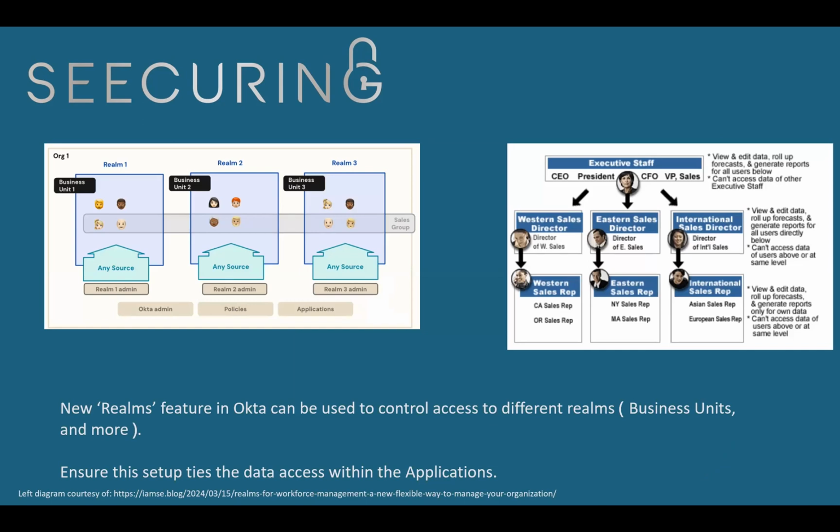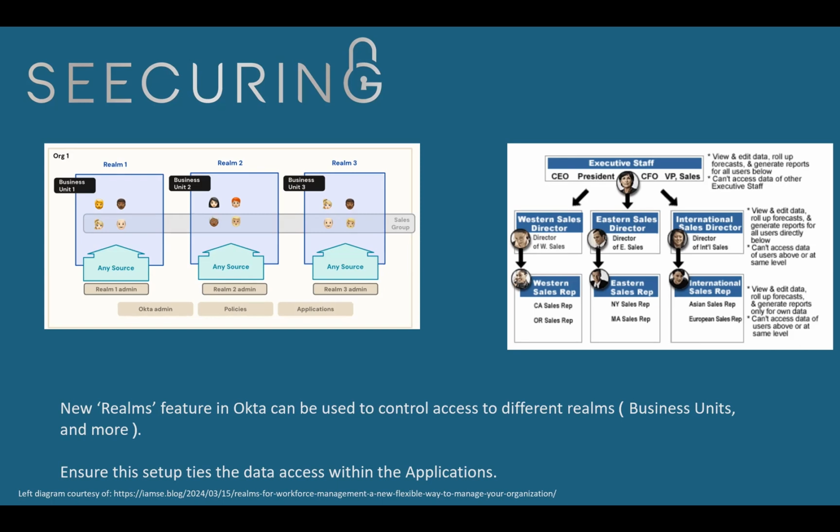Okay, so a key point around that is Okta is introducing this feature called Realms, and there's a link to the blog about it down the bottom, but this is taken from a particularly useful blog around Okta maintenance. But you'll see what's on the left, if we spend a little bit of time here, relates to what is on the right.